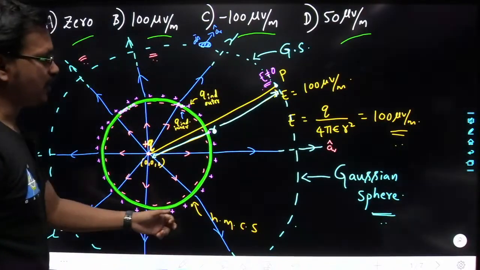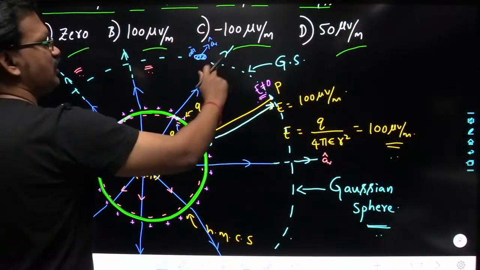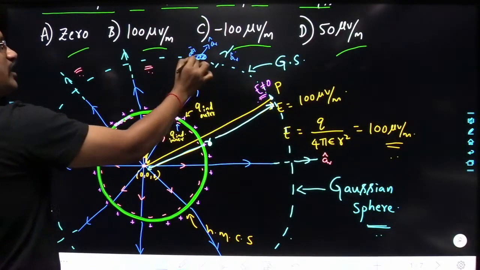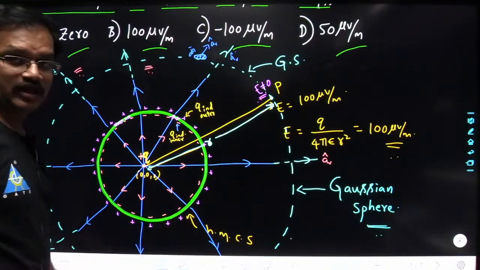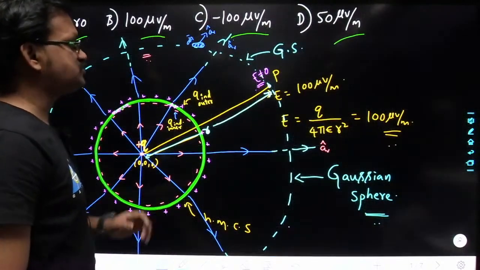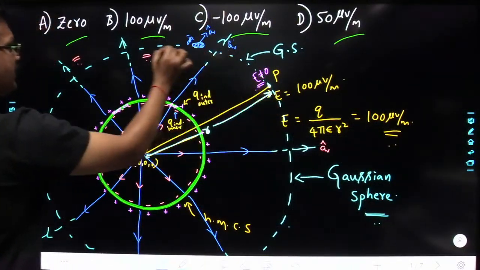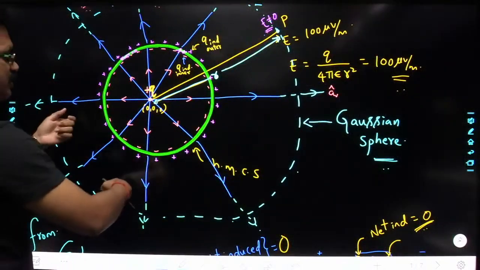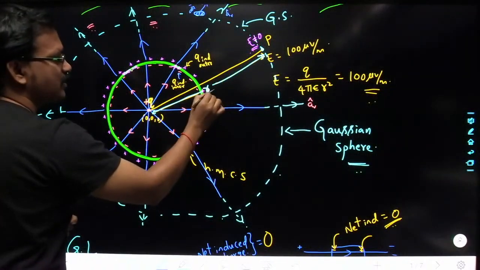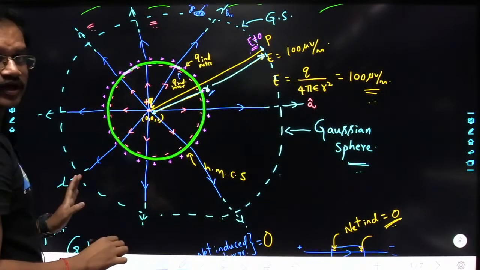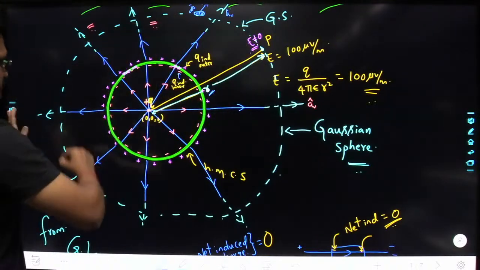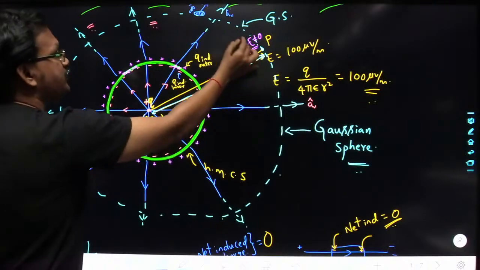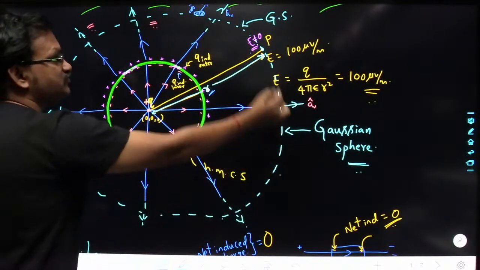So the direction of the electric field is in the a_r cap direction, and the direction of the small differential area on the surface of the Gaussian sphere is also in the a_r cap direction. And each and every point on the surface of the Gaussian sphere is at the same distance r, which means the electric field is going to be constant over the surface of the Gaussian sphere.